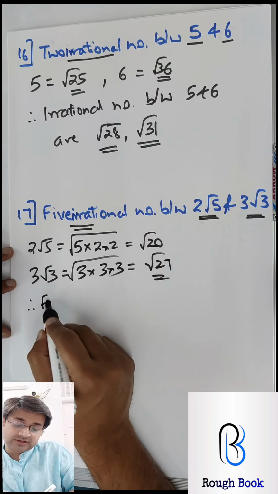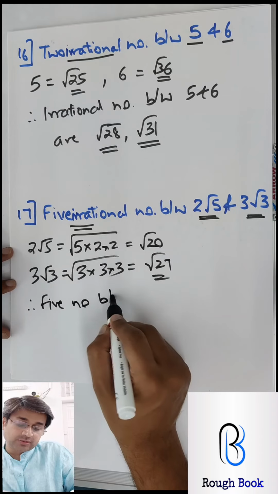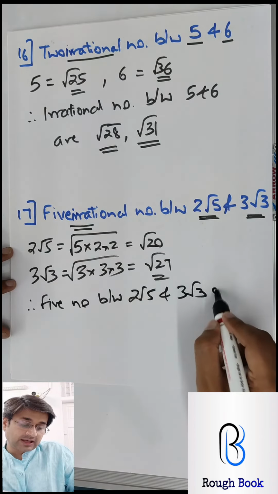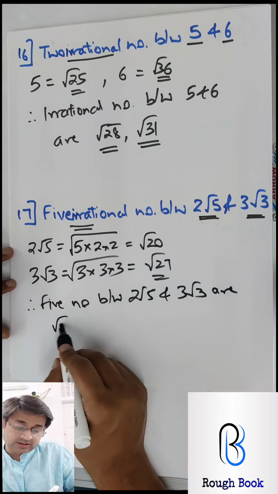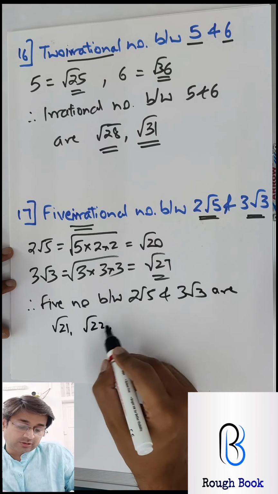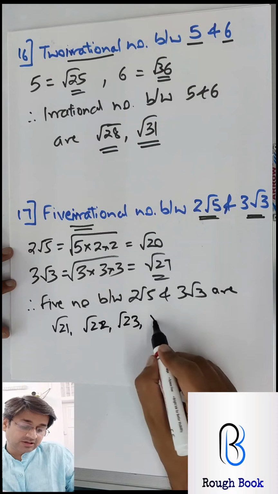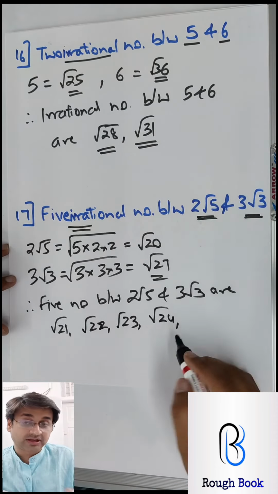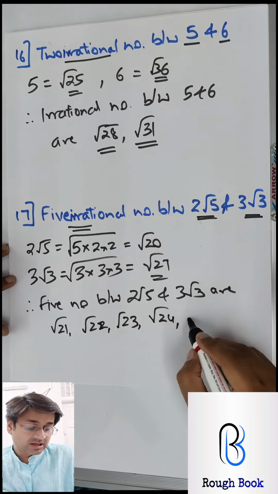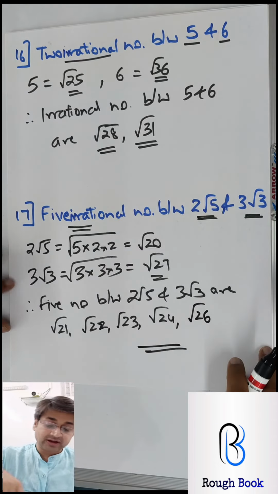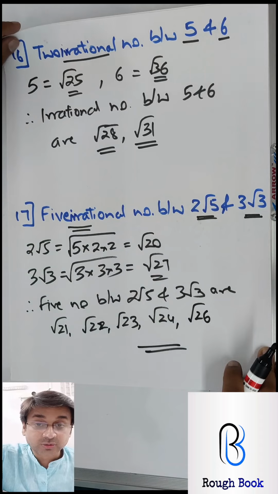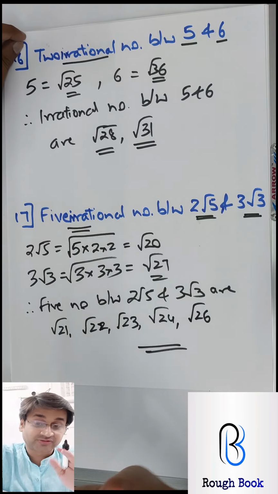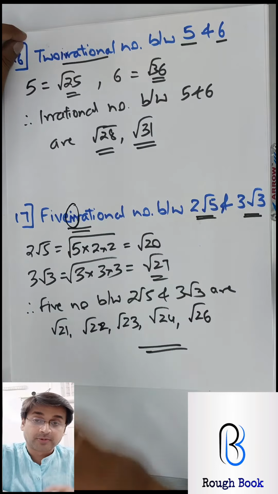So therefore 5 numbers between 2 root 5 and 3 root 3 are, you can write any 5 numbers between them. So 21, 22, 23, 24. Don't write 25 because you get the answer, it's not irrational, it's rational. And 26. So we get 5 numbers like that. Had you written 25, it's wrong because that's rational. 25 can be written as 5. We want irrational. Remember that.